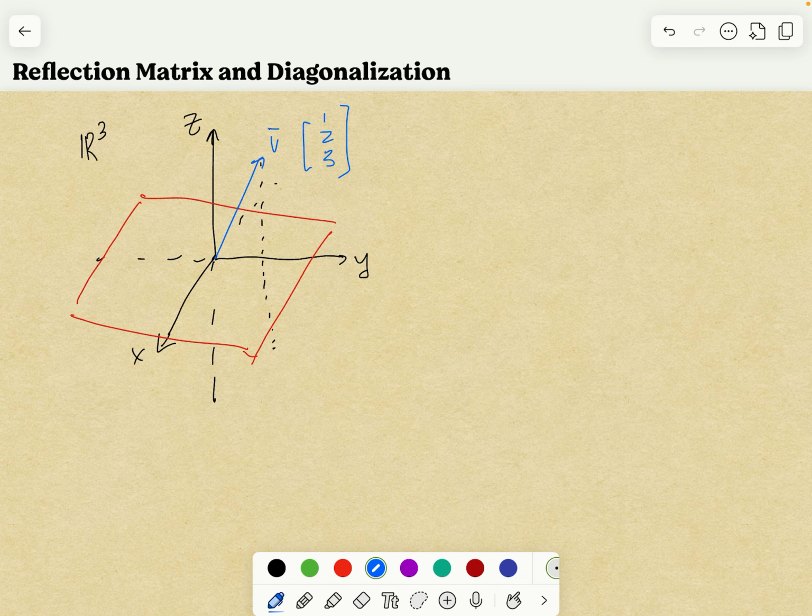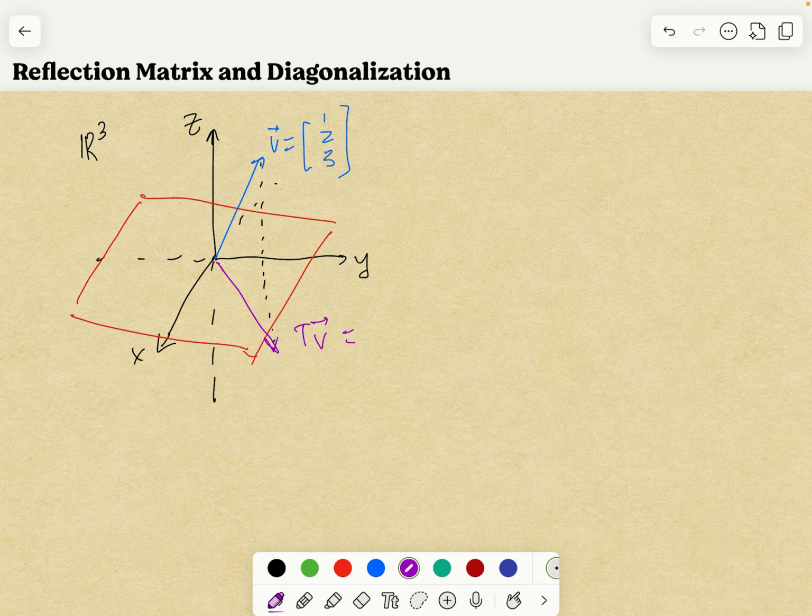So let's say this is your V, and let's say T is the transformation that reflects vectors across the plane. So then TV will be down here. So this will be TV.